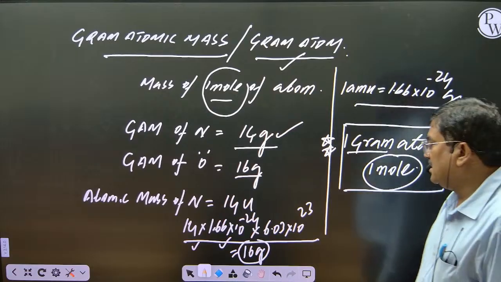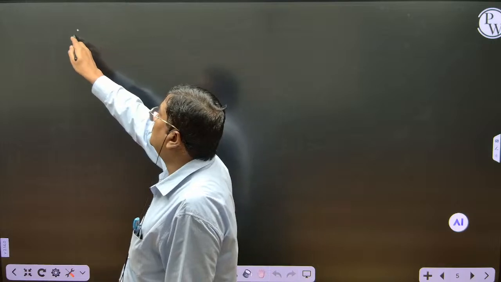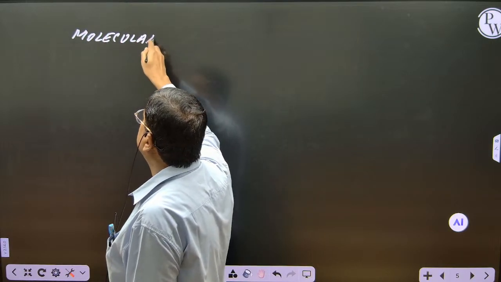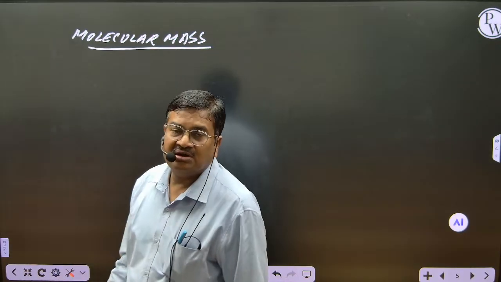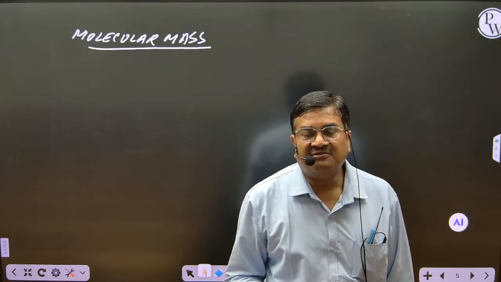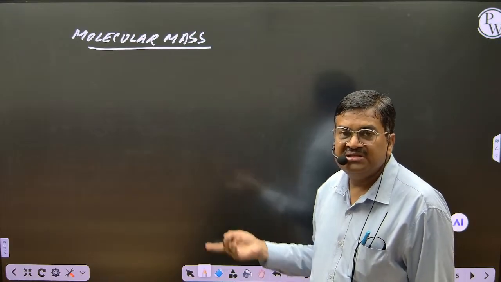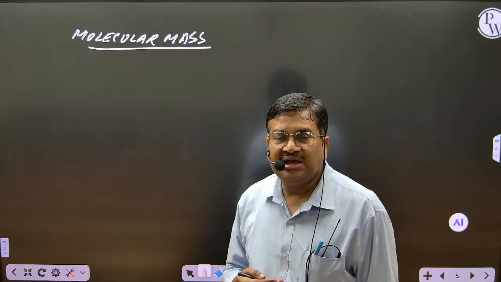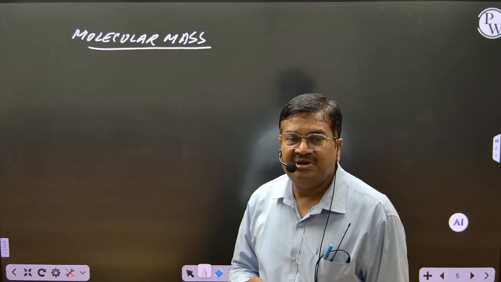Okay. Now write next: molecular mass. Just like atomic mass, molecular mass. You remember, students, I told you atomic mass we take with the standard of C12. So molecular mass also, compared with C12, we take the algebraic sum, meaning we add the atomic masses of all the elements in a compound.